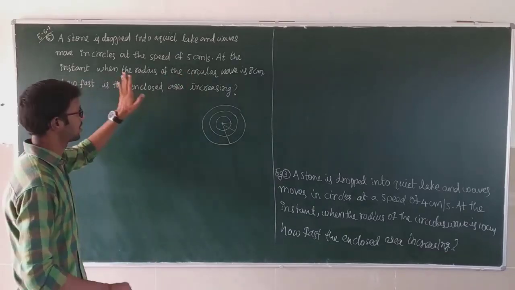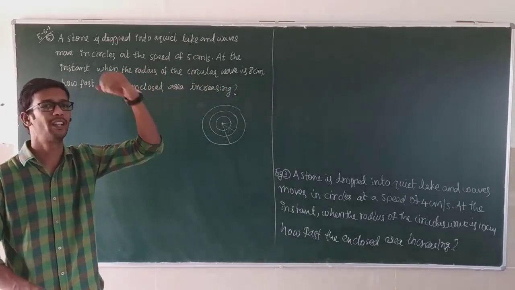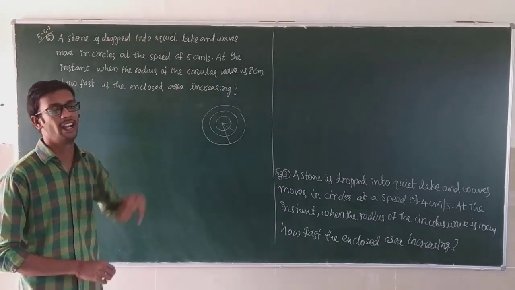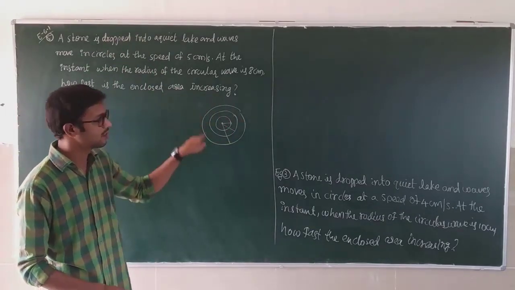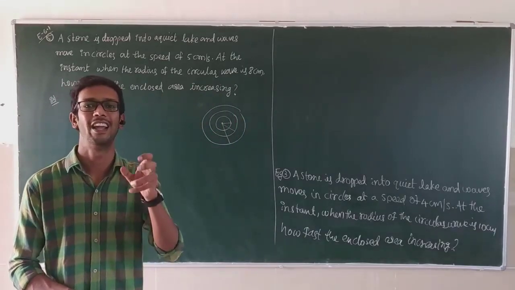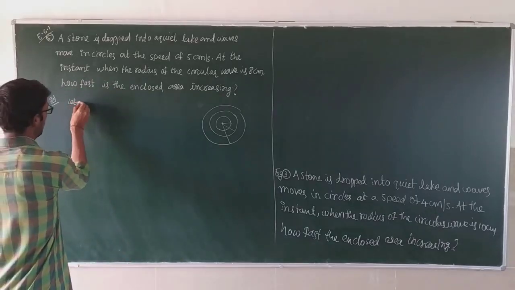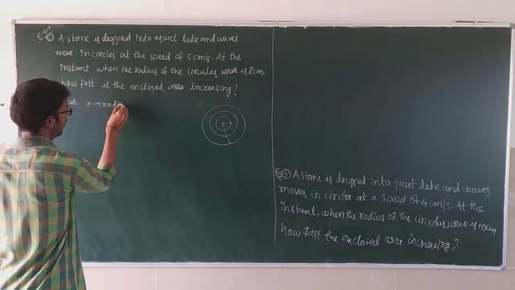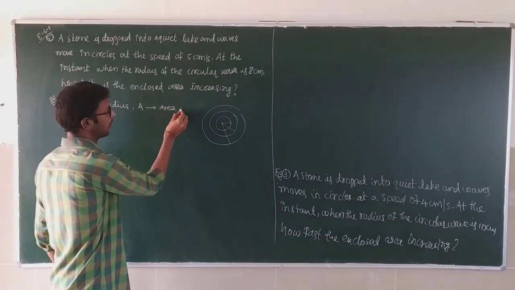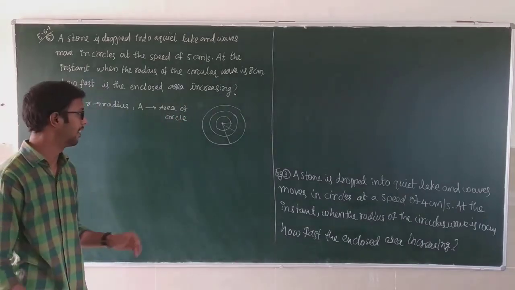Next, when radius is 8 centimeters, how fast is the enclosed area increasing? Enclosed area means circle area. How much is the area of the circle increasing? So first of all, I'll write: let r be the radius, capital A is the area of the circle.